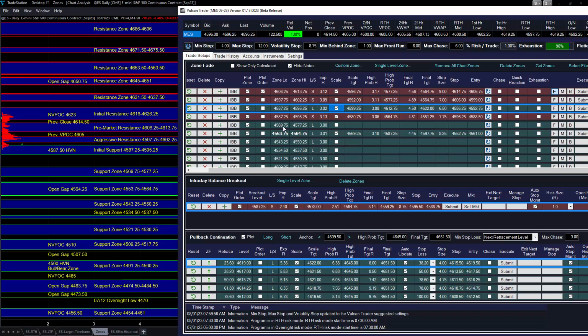We are not going to be trading the 69.75 to 77 quarter zone on the long side because in order for the market to even get there, we would need to see a balance breakdown pattern below 45.87 quarter.